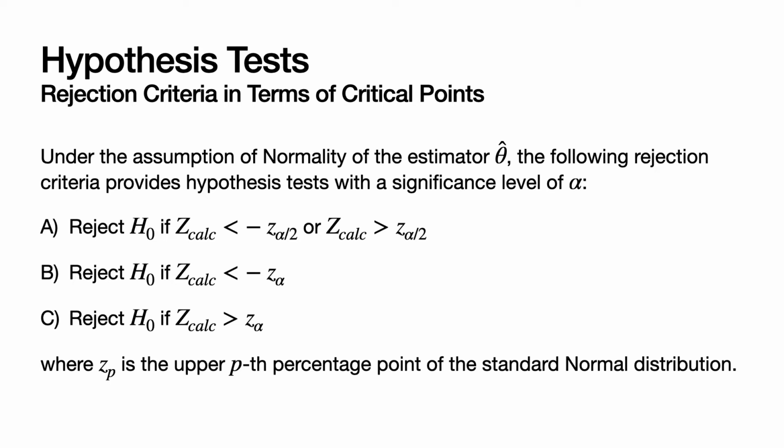All right, and you'll recall that z sub p is the upper pth percentage point of the standard normal distribution. So z sub alpha is the upper alpha percentage point of the standard normal distribution. Z sub alpha over 2 would be the upper alpha over 2 percentage point of the standard normal distribution.